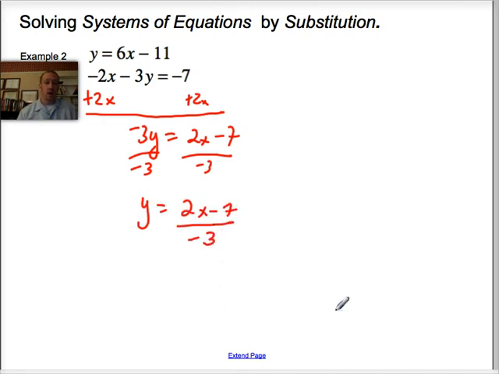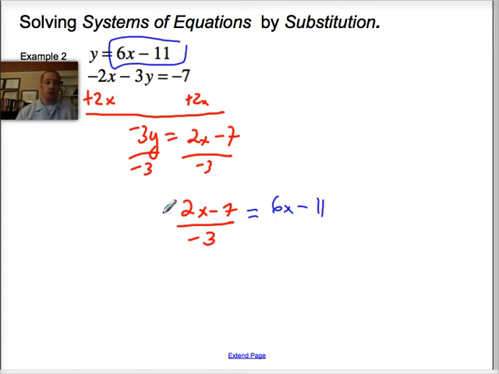So now we can set that equal to our other function. So we say that this equals 6x minus 11. So I'm ignoring this y equals right now. So I had y equals this. So now I'm just setting this equation equal to that equation.